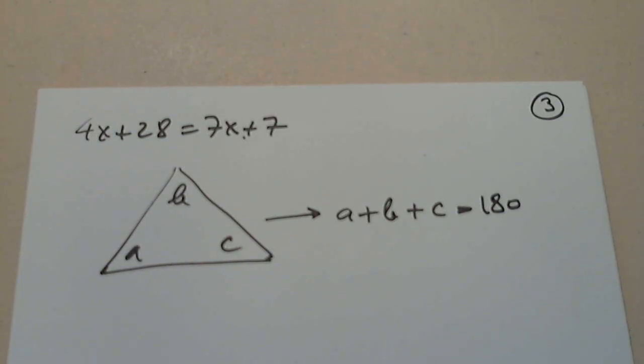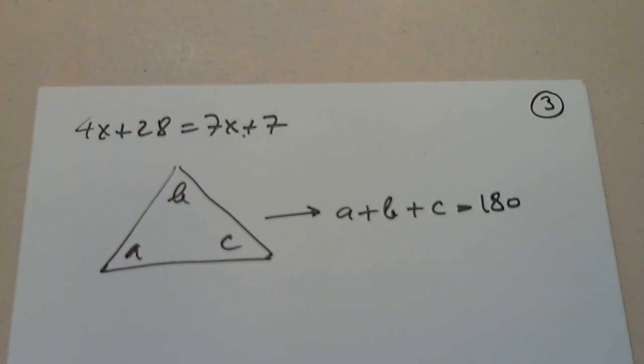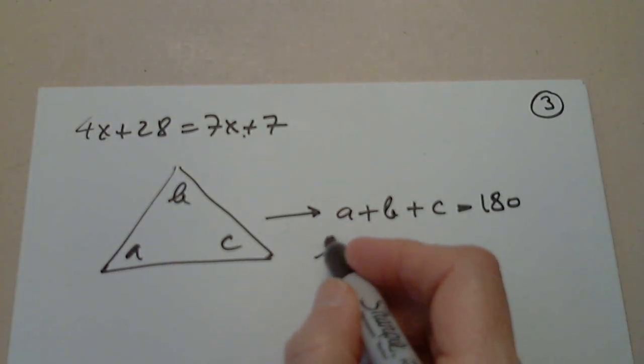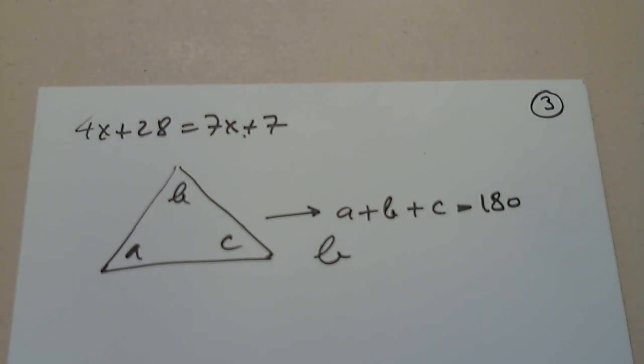The second angle, B, measures 5 times the first.